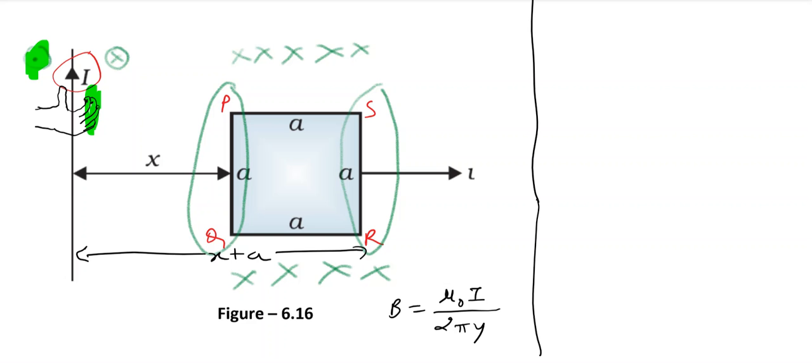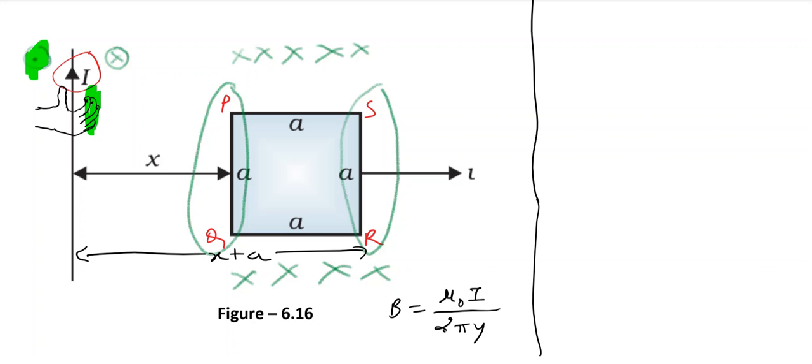So how do we find the magnetic field? And if we cannot find the magnetic field, then how do we find the flux? As the B value is varying, we will have to go for integration.